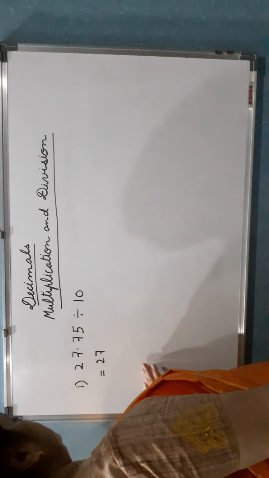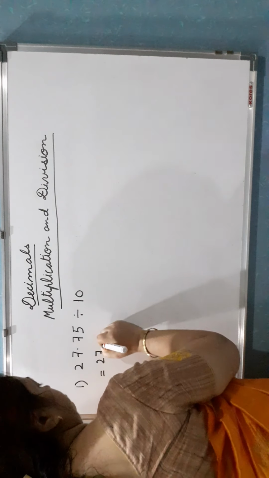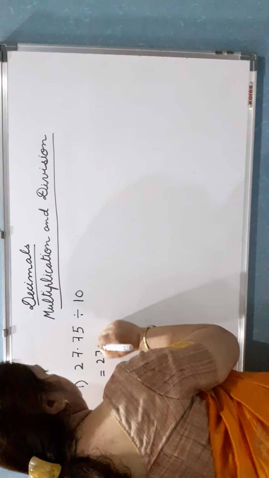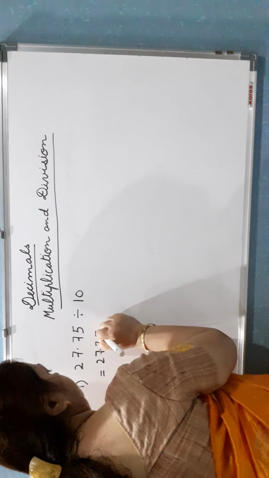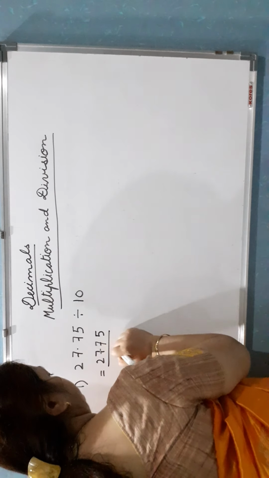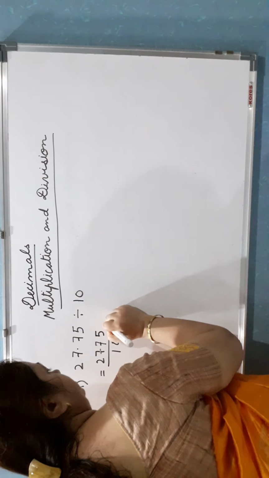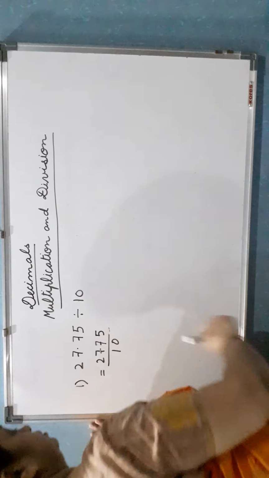Now look here. So 27.75 divided by 10. How will you do? You have to cancel this point. So 75 divided by 100. Okay, again divide by, sorry, into 1 by.